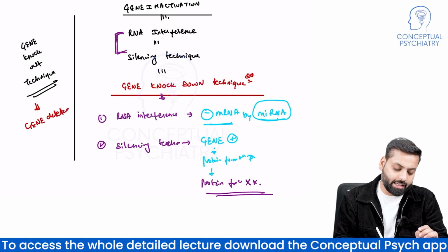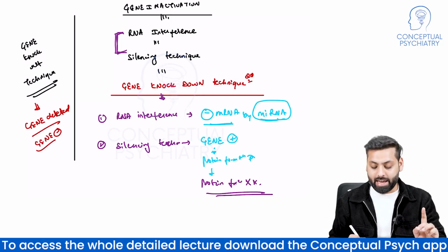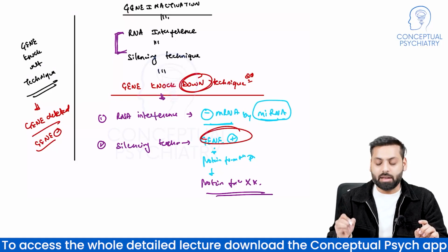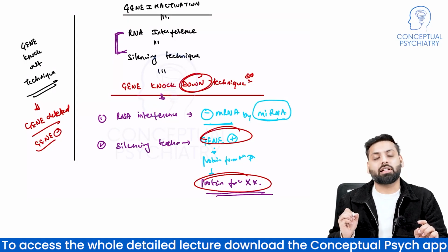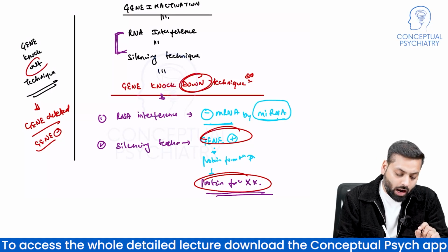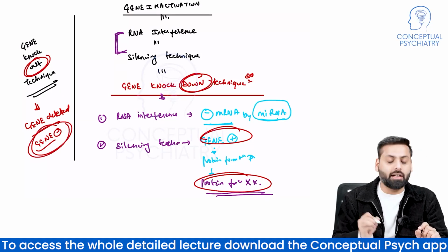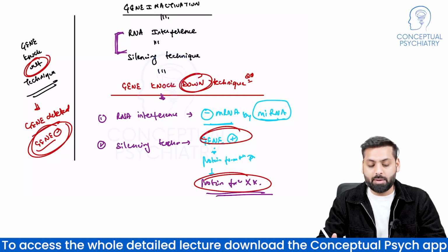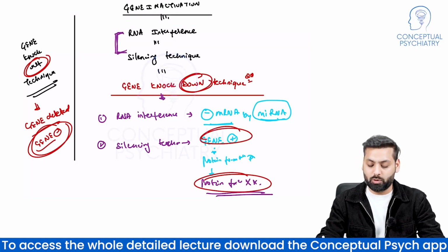Gene is deleted. Gene is absent. Remember, in gene knockdown technique, gene is present, but the functioning of protein is not taking place. In gene knockout technique, the gene is deleted. Fine. Remember, do not confuse this, because if you confuse this, you will lose out on marks.